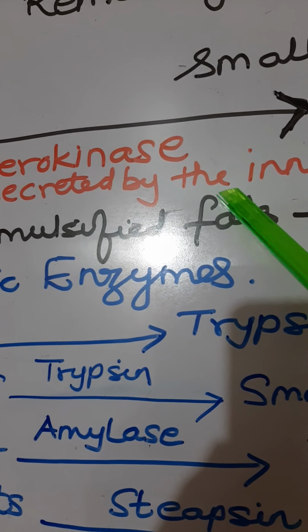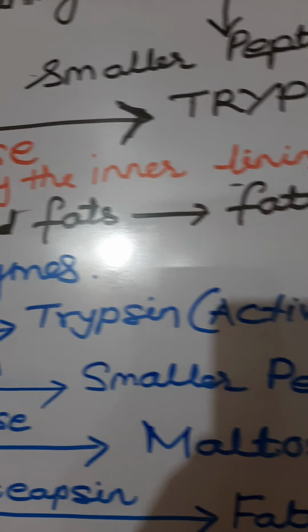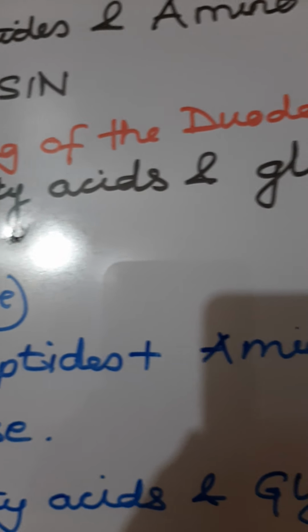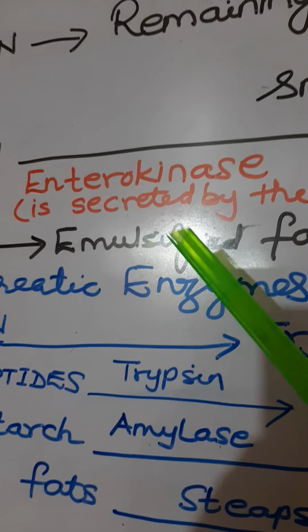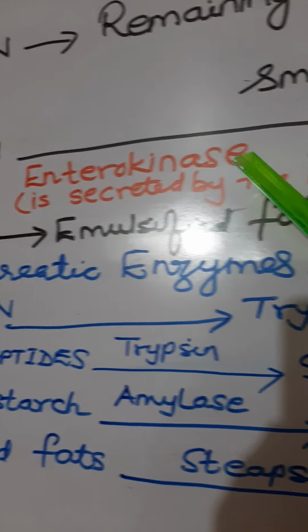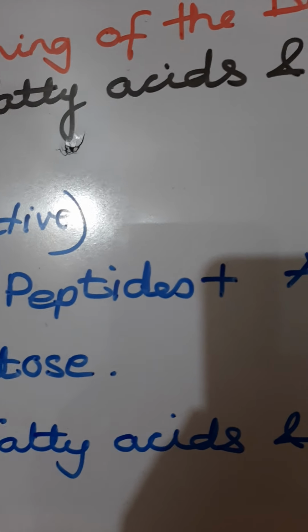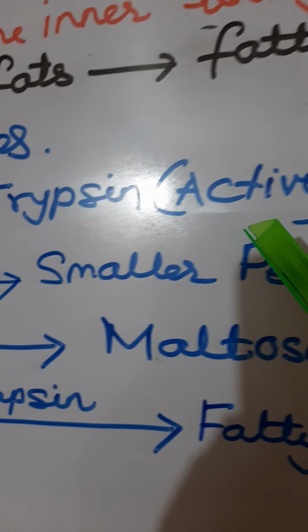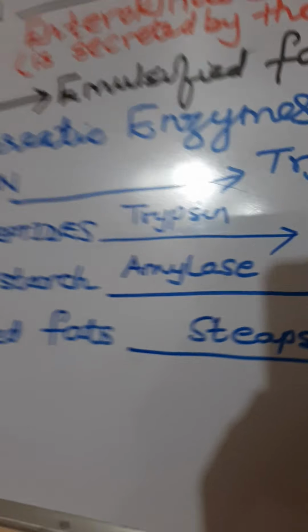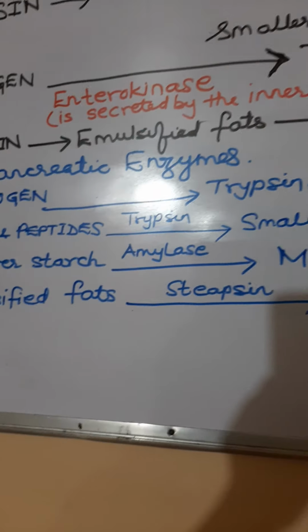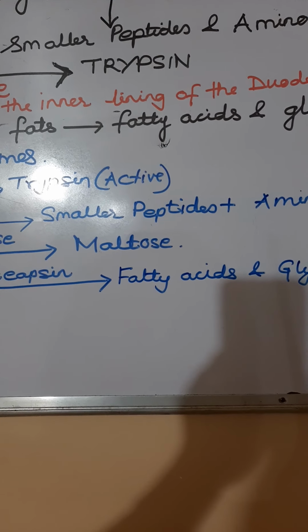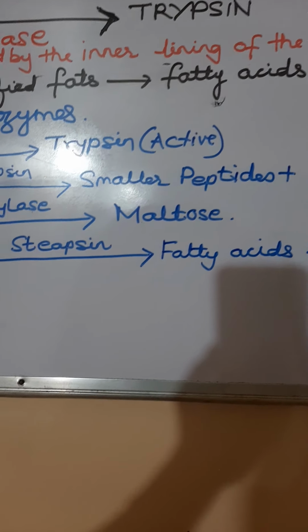With the help of the enzyme enterokinase secreted by the inner lining of the duodenum, trypsinogen is converted into active trypsin.